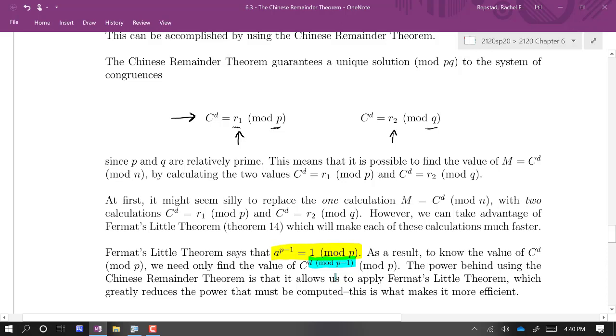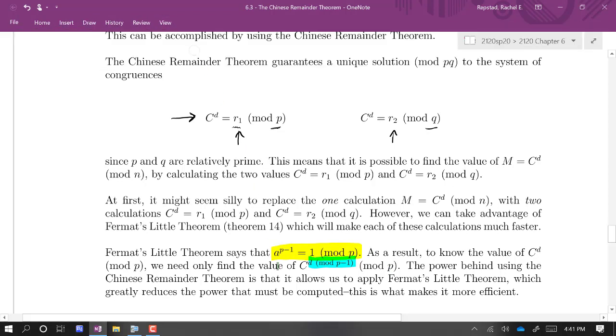Whatever multiples of p minus 1 exist in the power, those raised to that power are equal to 1 mod p. We actually saw some examples of that in the last section. So it will drastically reduce the power that we need to raise c to, and while we're at it, we can reduce c mod p as well.